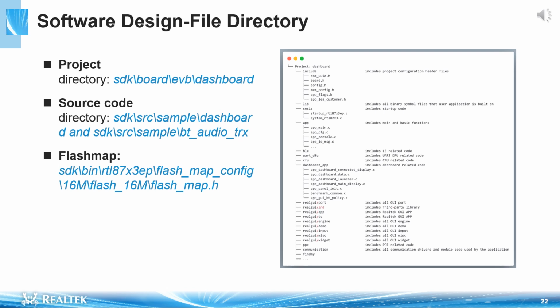BT Audio TRX itself is a versatile Bluetooth solution supporting audio transmission, device control, and more. Full documentation is available on our Real MCU website. Additionally, the flash map configuration files are in the Flash 16M directory. If you use 32 MB or larger flash, simple configuration adjustments will make it compatible.